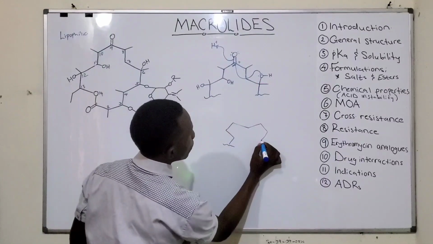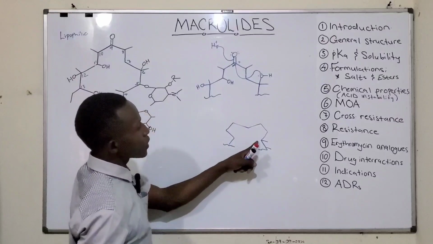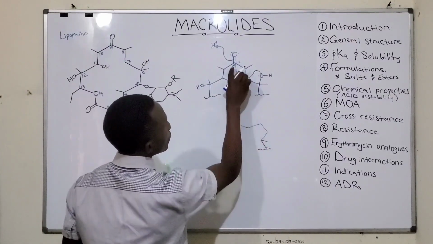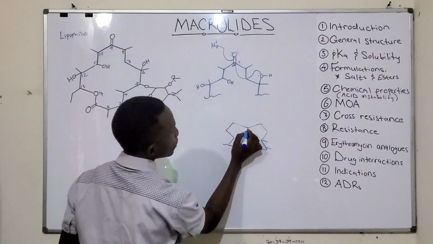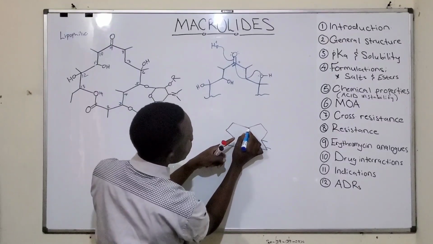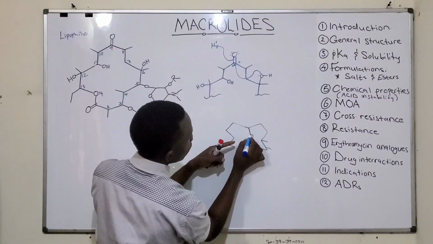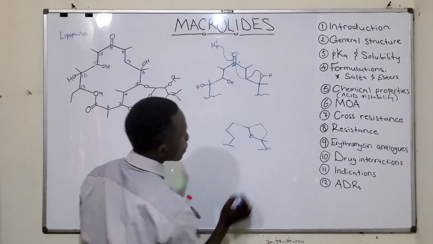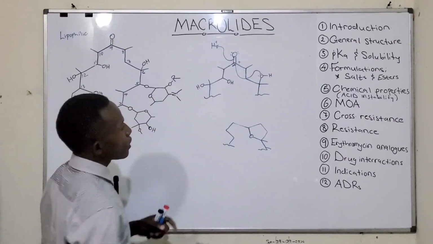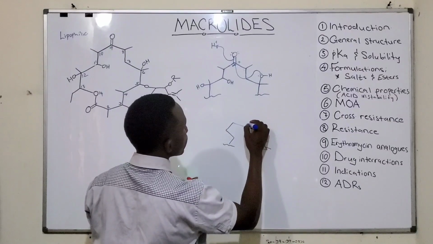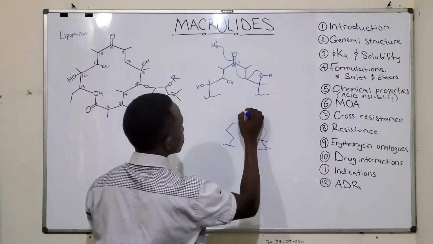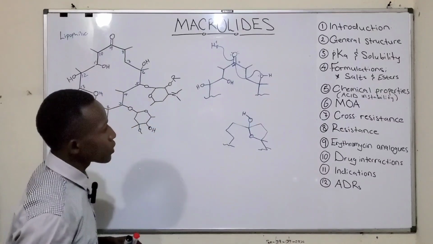Here I have a methyl group at carbon 6, and this oxygen has formed a bond with this carbon. So we have a bond from this carbon 9 forming a bond with this oxygen at carbon 6. We shall have that. Then there is an OH group here, at that position.